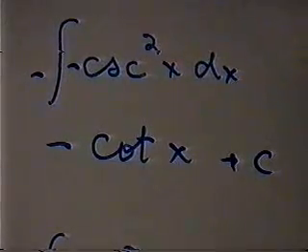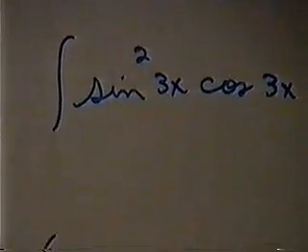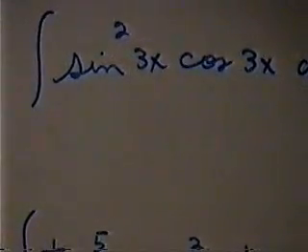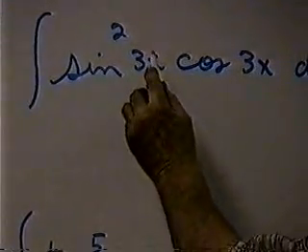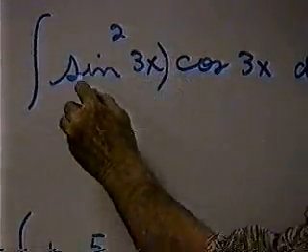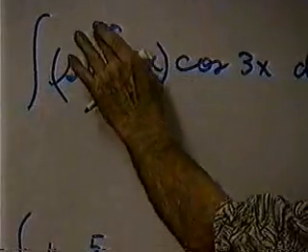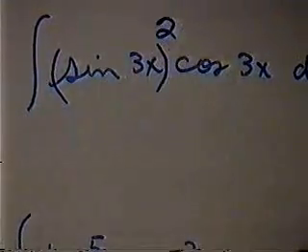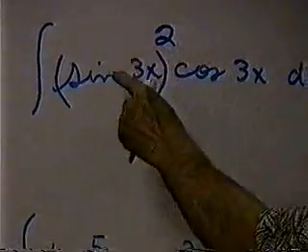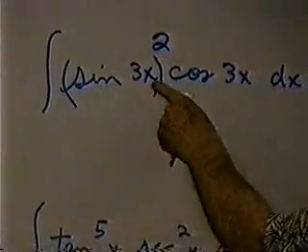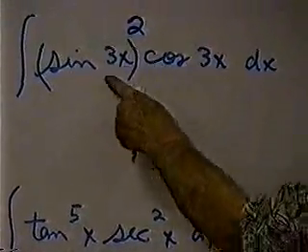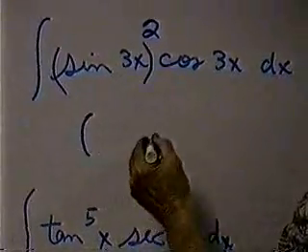Okay, next one. Now, memory, power rule, log rule, all these different things. So this is a power rule. This is the same thing as the sine of 3x squared. What is the derivative of sine? It's cosine. So this is the derivative inside the parentheses.